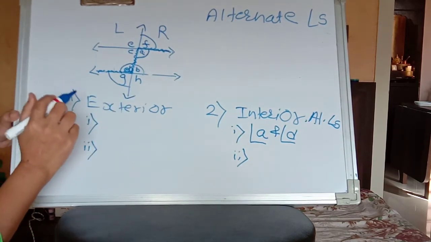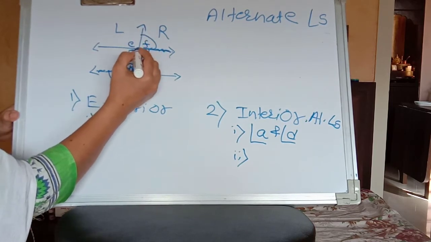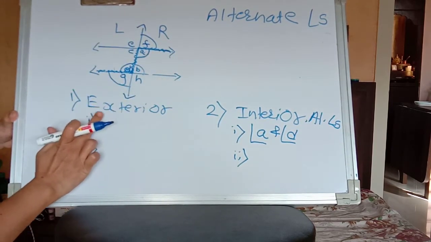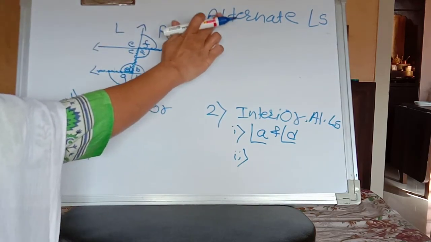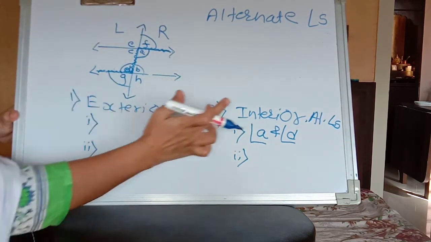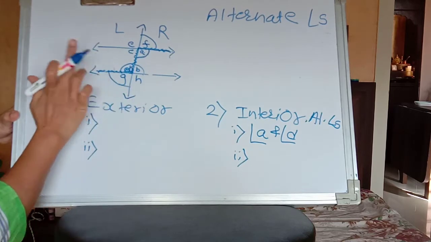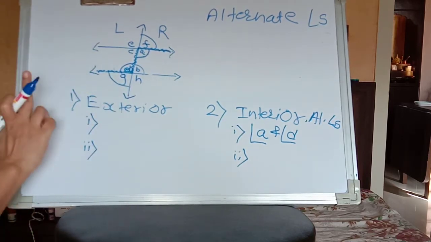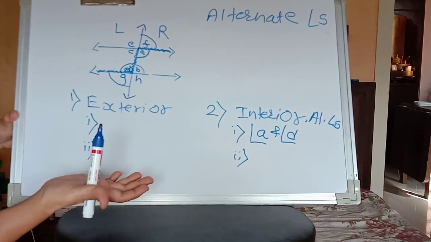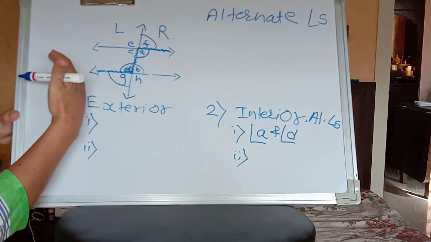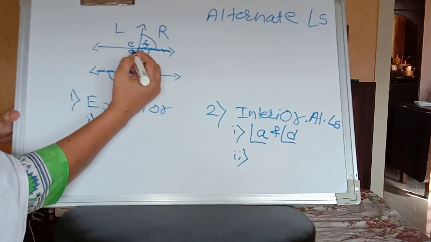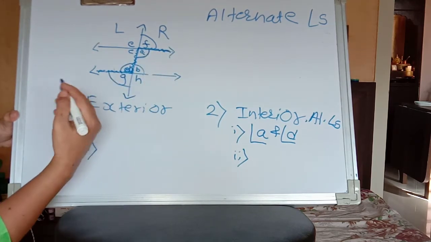Again concentrate, look at this angle. Now one thing you have to remember: exterior alternate angles do not form the letter Z. Only interior alternate angles form the letter Z. But the concept of arms remains the same. Both angles lie on different sides of the transversal, and the arms have opposite directions.